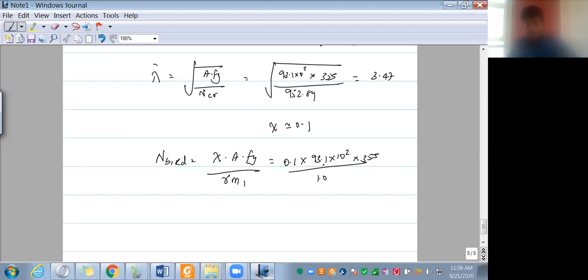So now we can see whether this satisfies the capacity, 0.1 into 93.1 into. So now the value is becoming 330.51 kilonewton in NbRd.